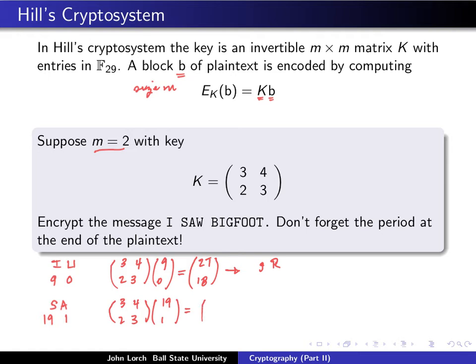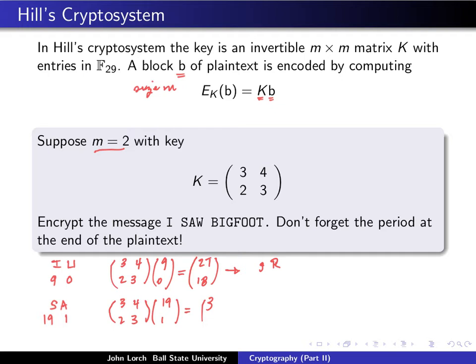And then we have to see what that gives us. Well, the first component of that product is going to be 3 times 19 plus 4 times 1, which is 61. But remember, we need to reduce mod 29. And so we find that 29 goes into 61 with a remainder of 3.